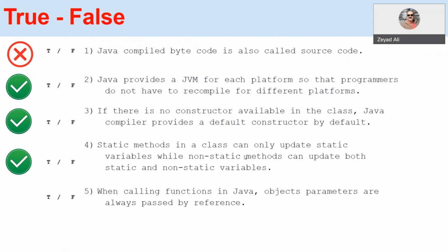Next one. When calling a function in Java, object parameters, like arrays and any object you create, are always passed by reference, true or false. In Java, all objects are passed by reference.